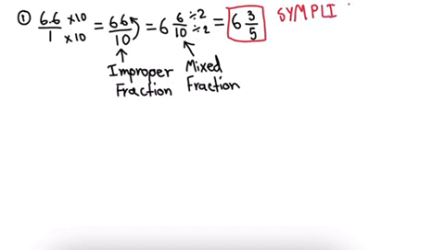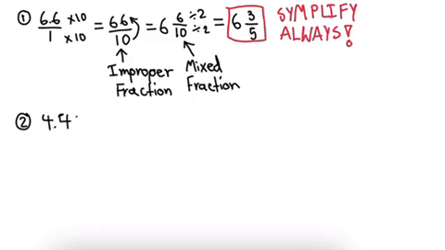And also another tip is that when you're doing any operation with a mixed number, if it's adding a whole number to the whole number on a mixed fraction, then you can do that, but just leave the whole number the same as it is.